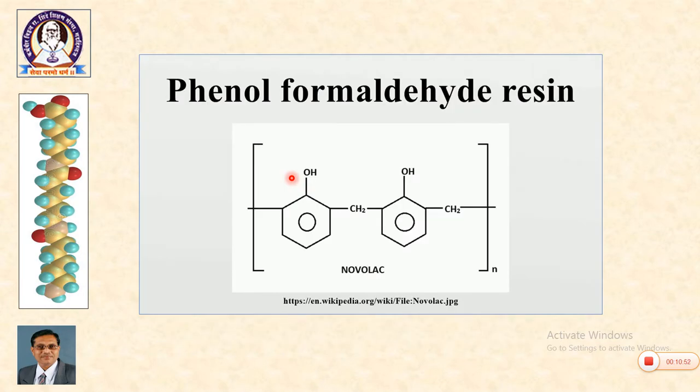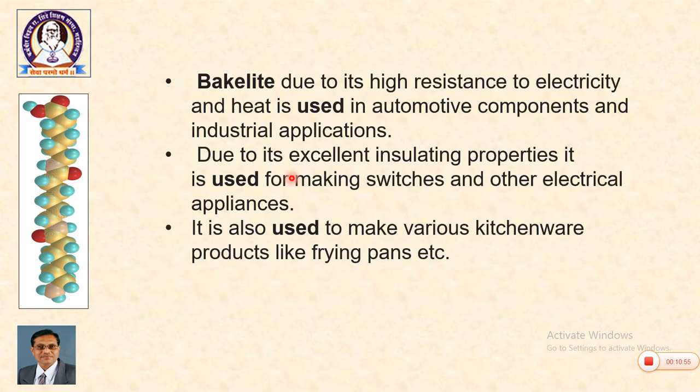These can be fabricated in the form of bakelite. Bakelite is very important due to its high resistance to electricity and heat. It is used in automotive components and industrial applications. Due to its excellent insulating properties, it is used for making switches and other electrical appliances. It is also used to make various kitchenware products like frying pans.